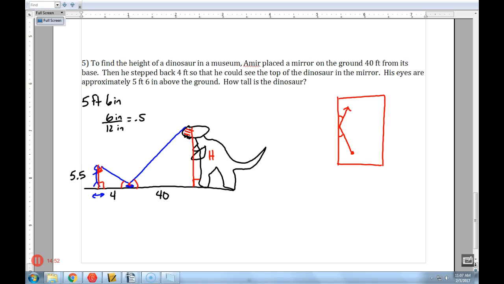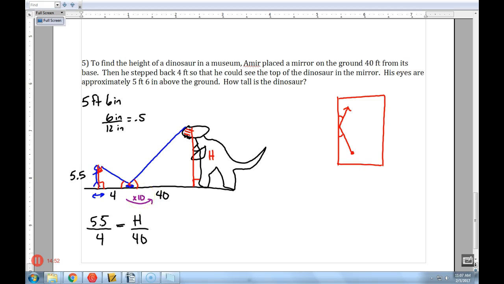So two ways to do this problem. You could set up a proportion: height of the kid over distance from the mirror equals height of the dinosaur over distance from the mirror. And you could cross multiply and solve that. There's an easier way though. I could use scale factor. And I see that the dinosaur's distance is exactly 10 times further from the mirror than my distance.